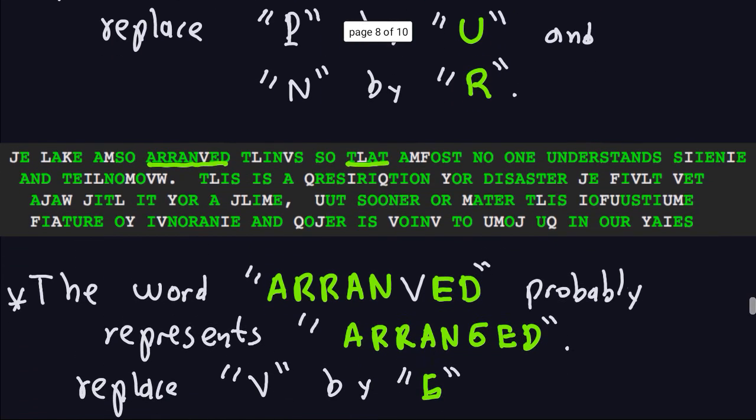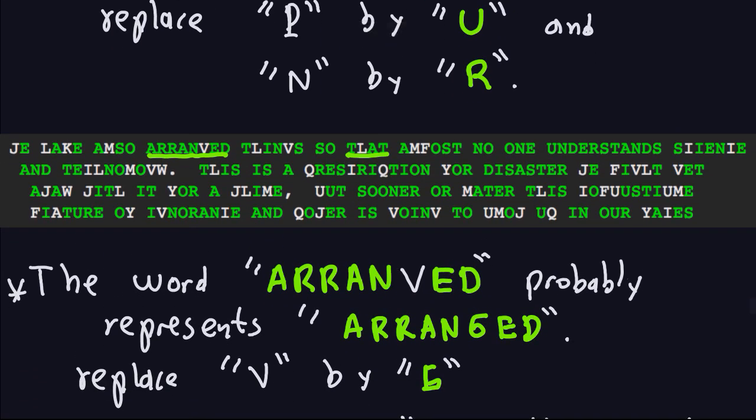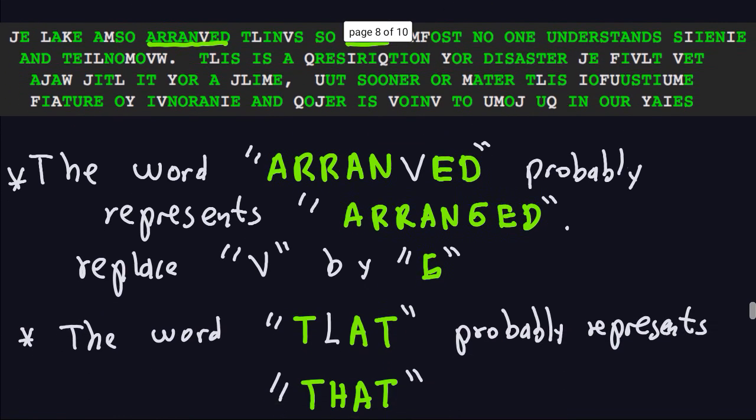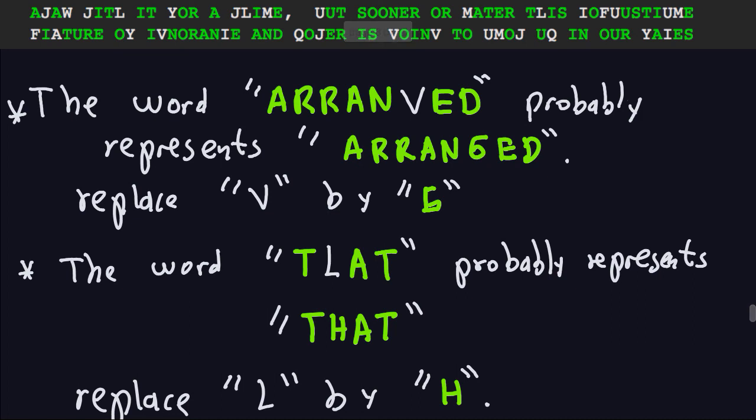So by using only "arranged," if this word represents the word "arranged," it means the letter V in white, the cipher text, will be represented by the letter G in the plain text. Also, by looking at that 4-letter word, the letter L will be the letter H. So I'm going to do 2 replacements at this point.